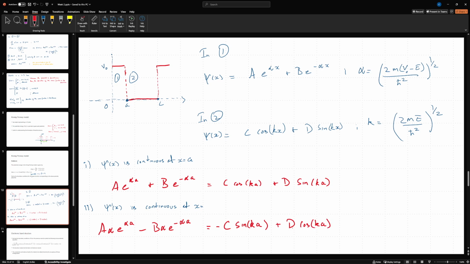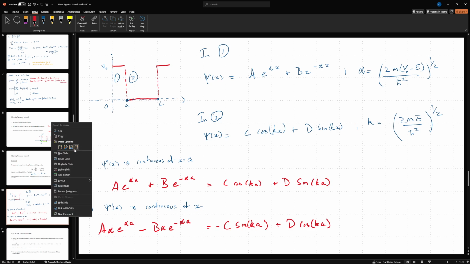So this is equation 2. Remember, we need 5 equations because there are 5 unknowns here. Let me put up a new slide.